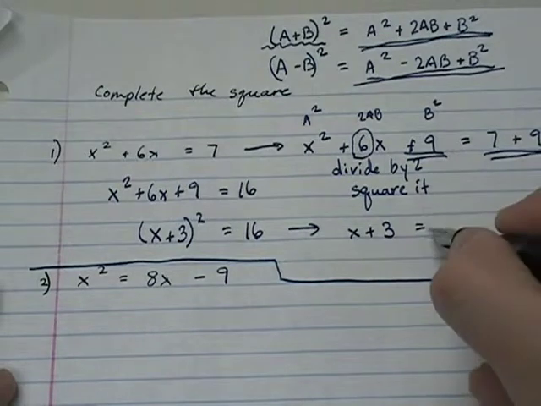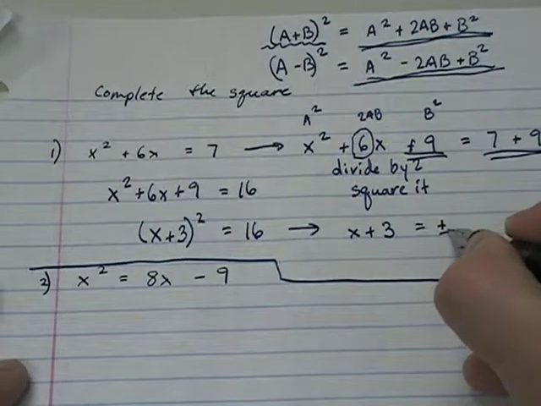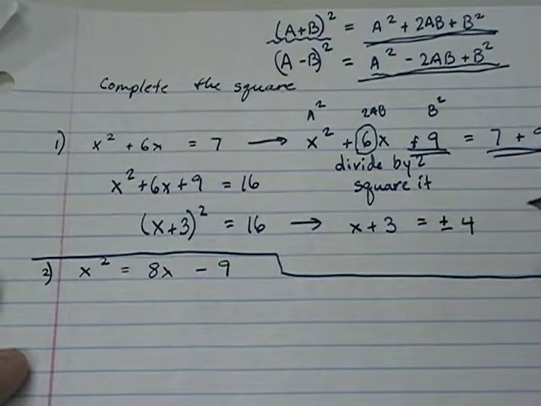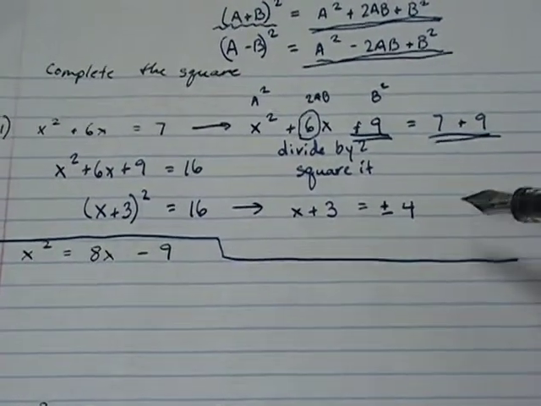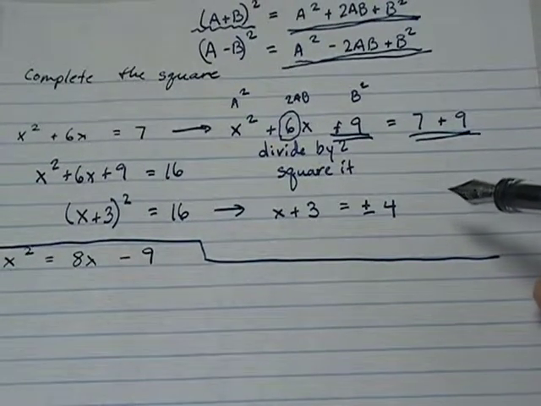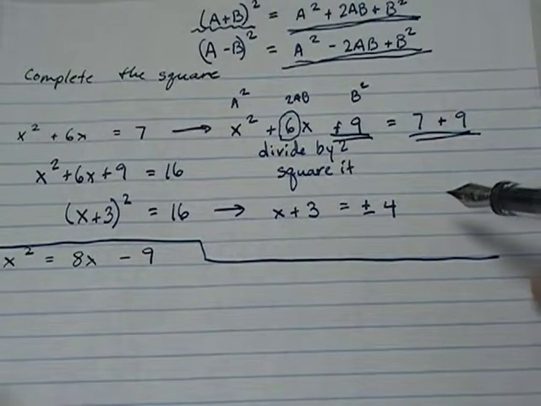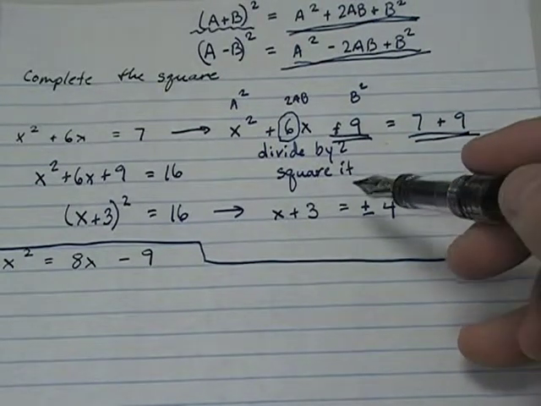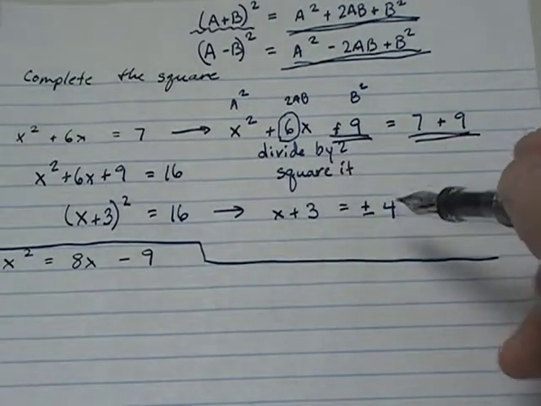The square root of the right is going to be plus or minus 4. It's plus or minus because of the properties of square roots, and you need to know that. I'm not going to go into that in this video; hopefully, if you're watching, you already understand why. But the square root of 16 is plus or minus 4.